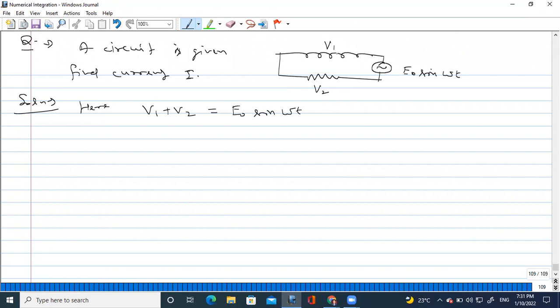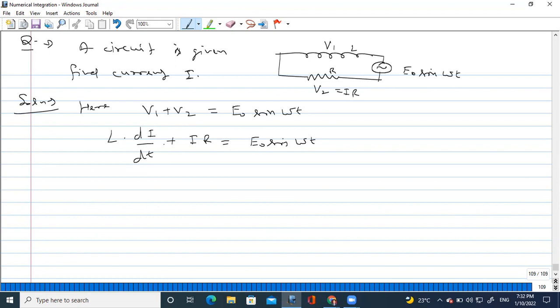Now this V1 is the voltage drop across the inductor, and the voltage drop across the inductor we can write as L di by dt. Plus this V2 we can simply write as IR, if R is the resistance and L is the inductor. Then it is equal to E naught sine omega t.